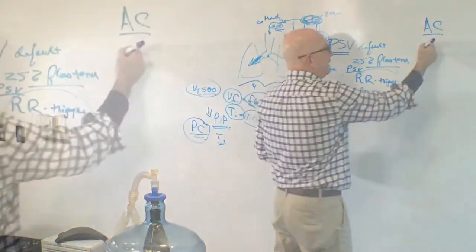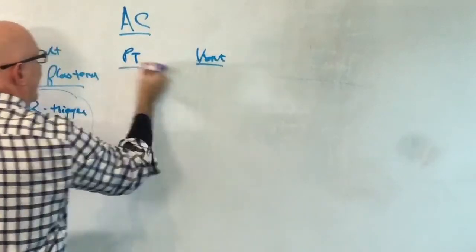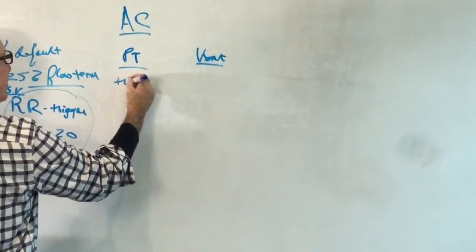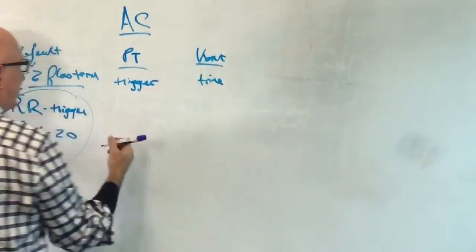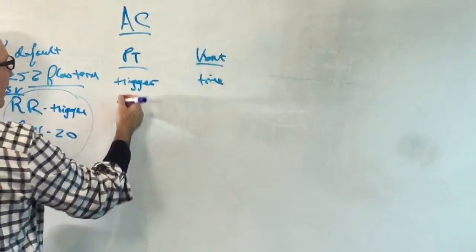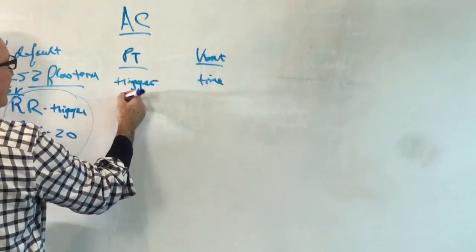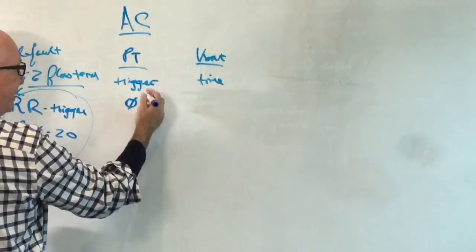So in AC, if we compare the patient and the ventilator, the patient can trigger the machine, or time can trigger the machine. Once the breath is actually triggered, the patient has no control. They can actually affect the flow they're receiving to some degree.